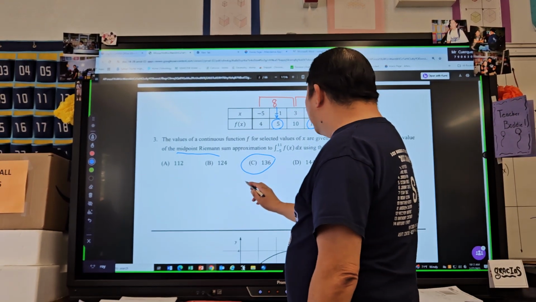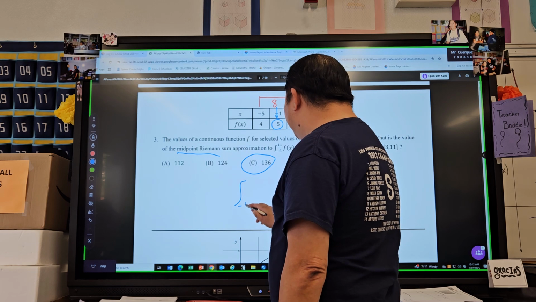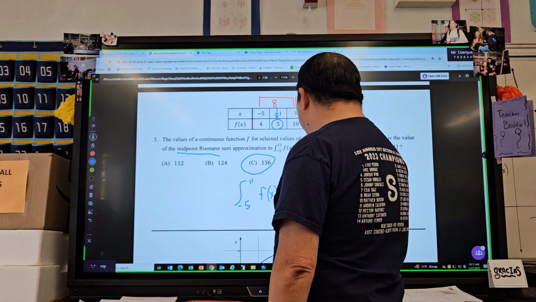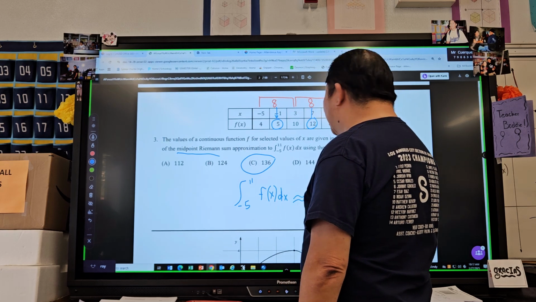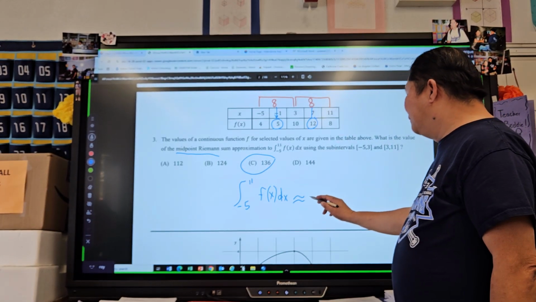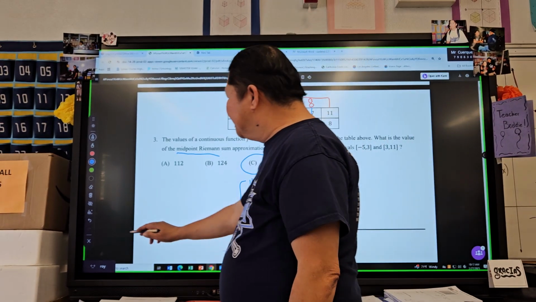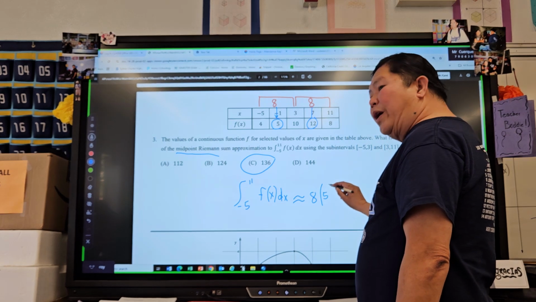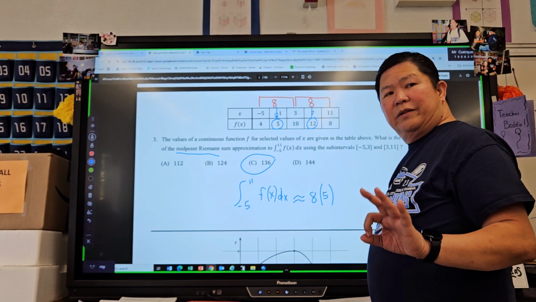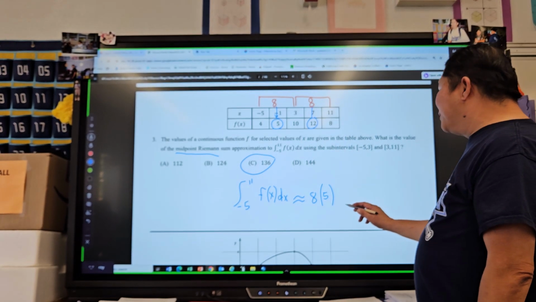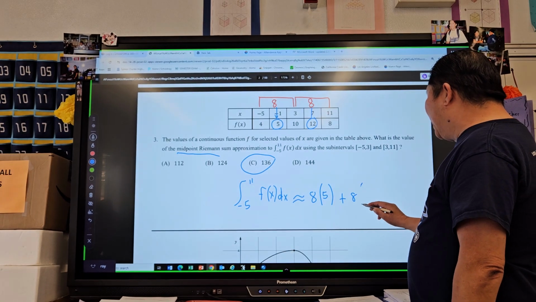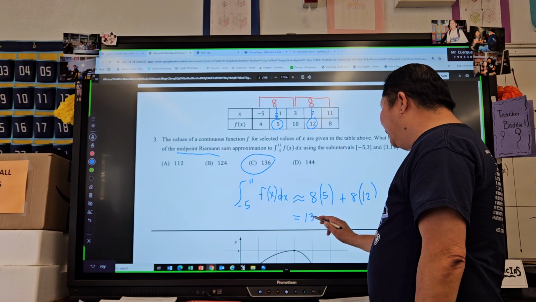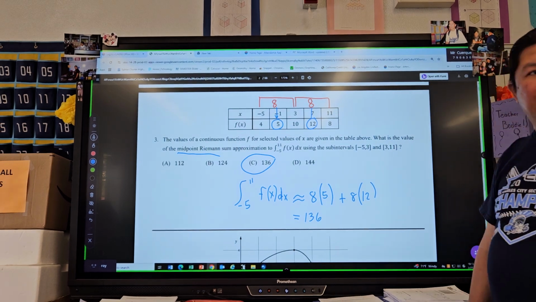You have to write the integral from -5 to 11 of f of x dx is approximately equal to 8 times 5 plus 8 times 12, equals 136 square units.